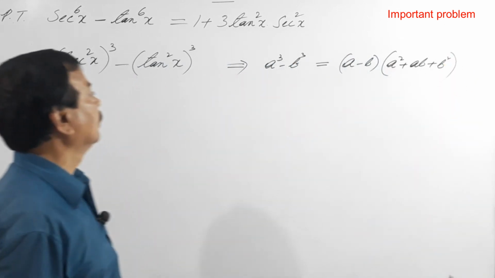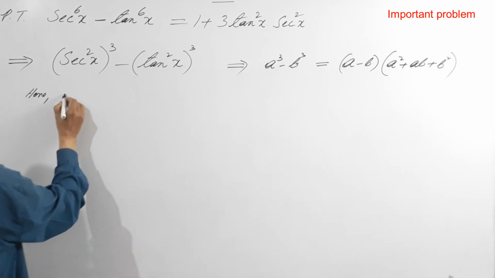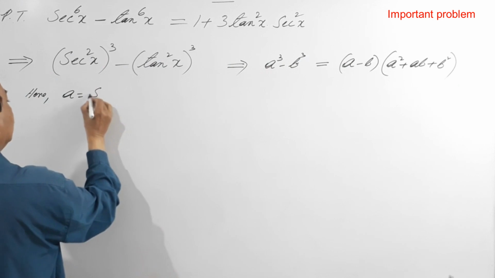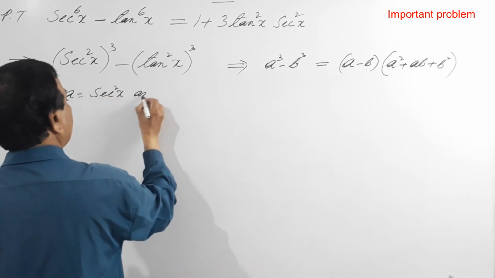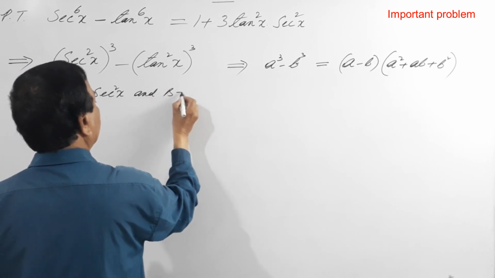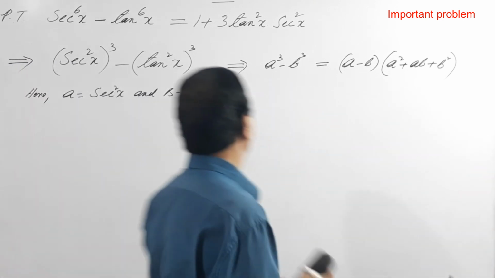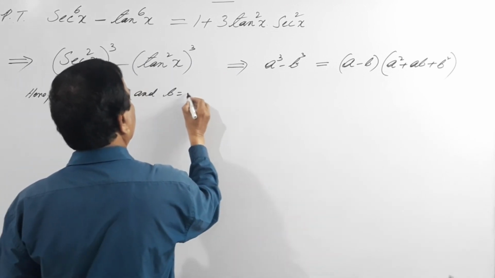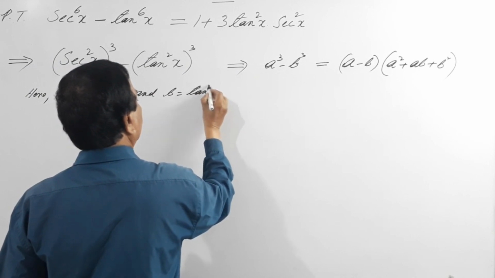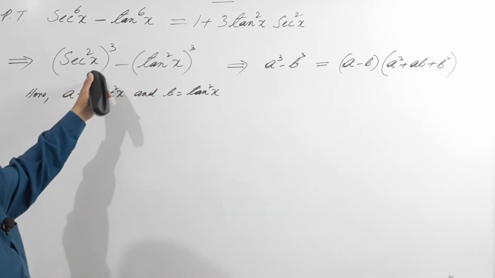Here a equals secant square x and small b equals tan square x. So let's use that formula to solve this.